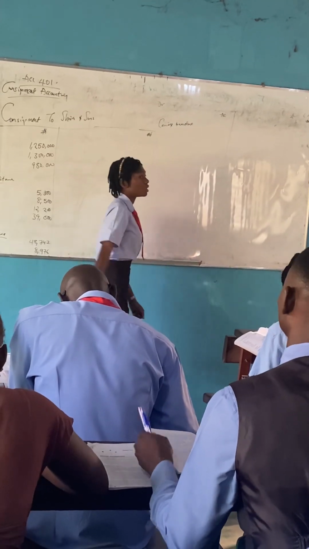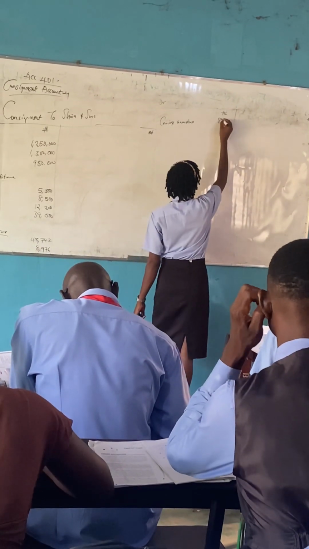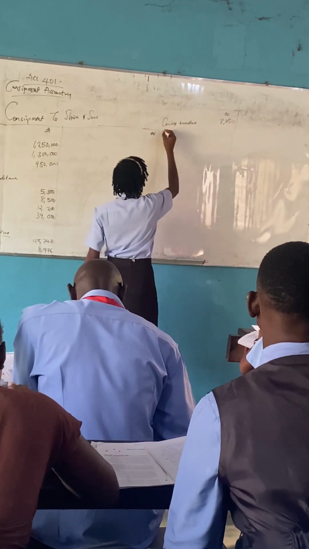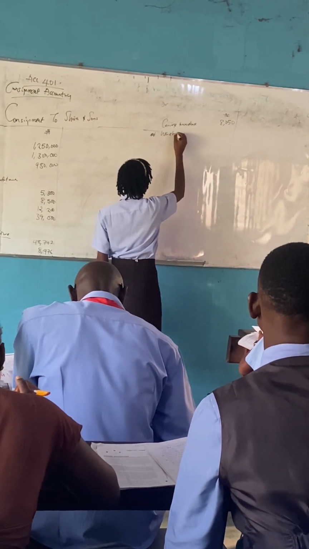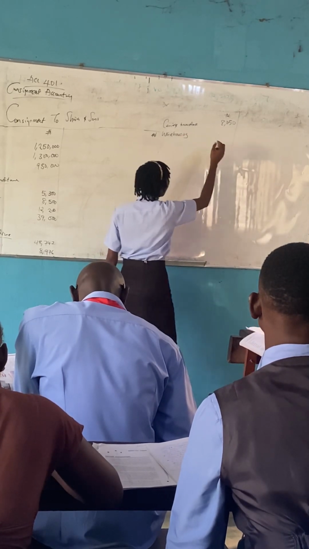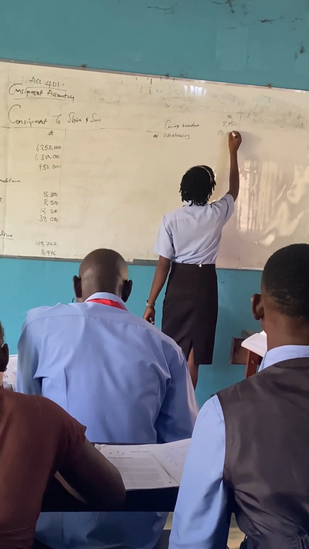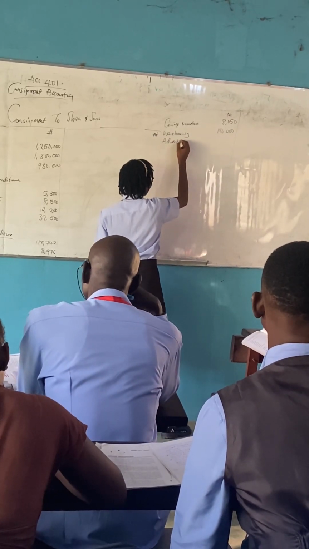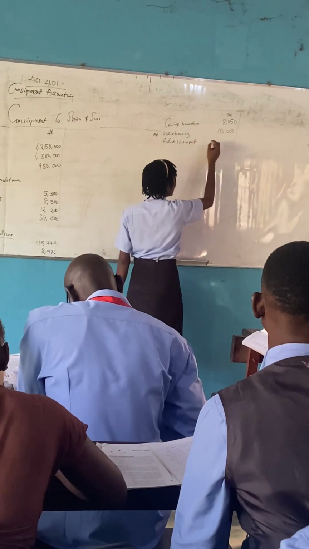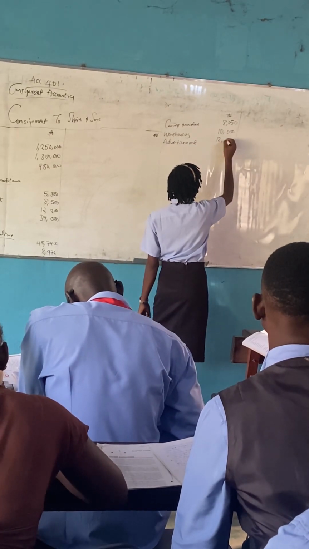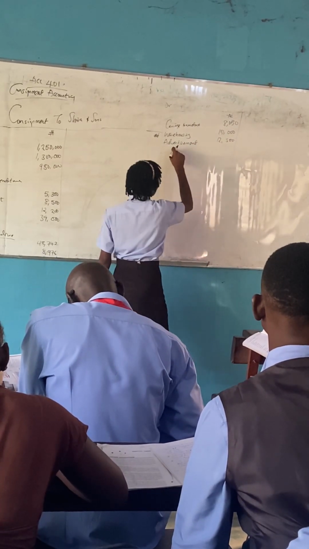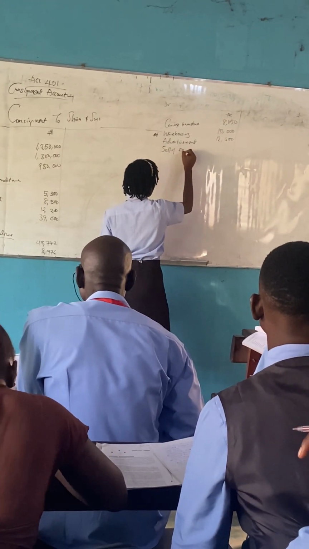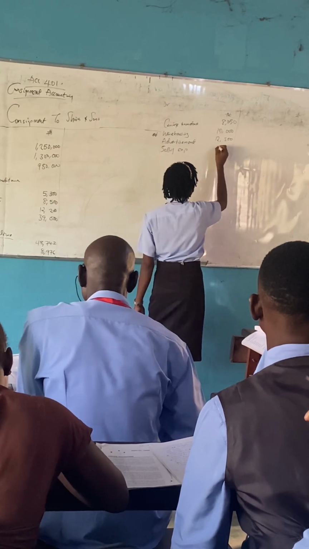Total value. 8,000. The next one is what? Warehousing. 10,000. Value. 12,500. Next one. Other selling expenses. 8,100.